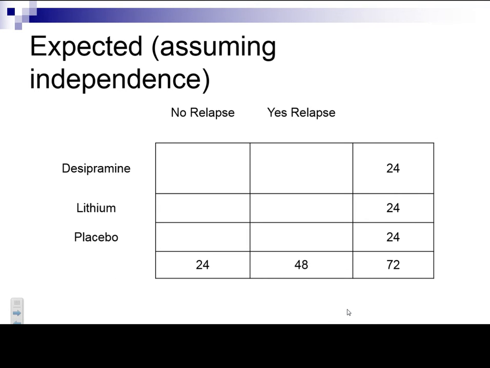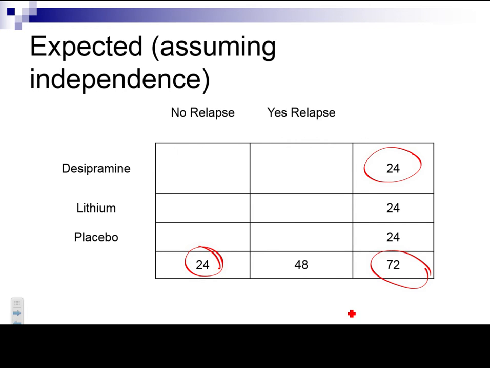And the way you get your expected counts is going to be a formula. The formula is simply this column total multiplied by the row total divided by the grand total.